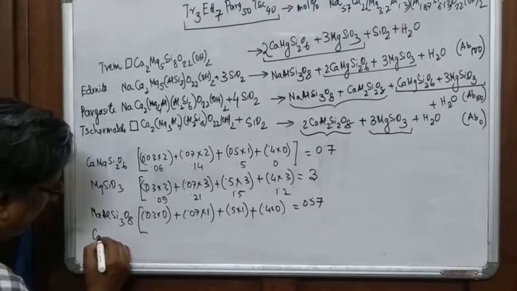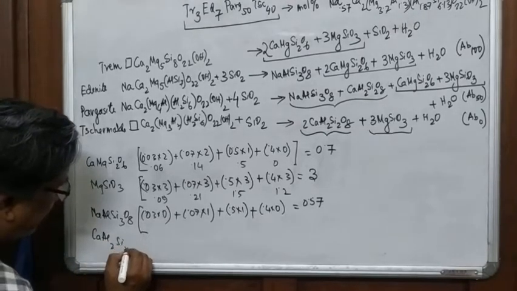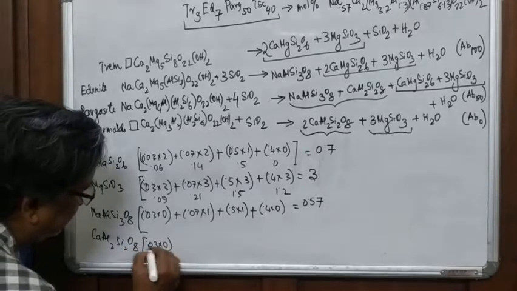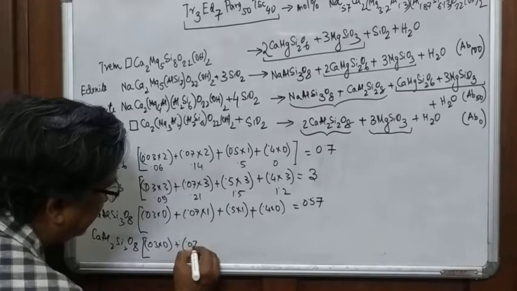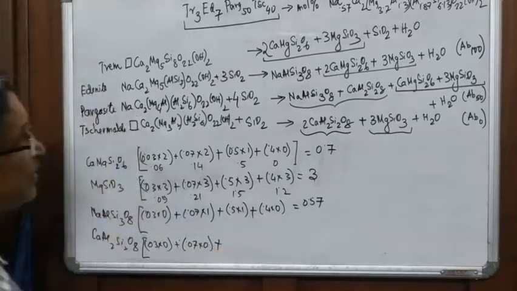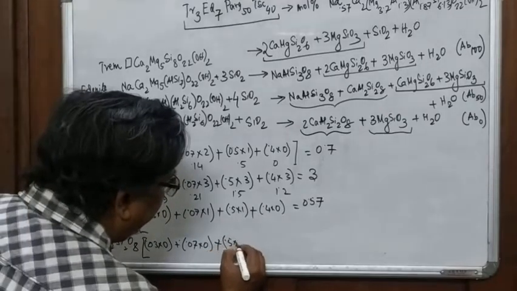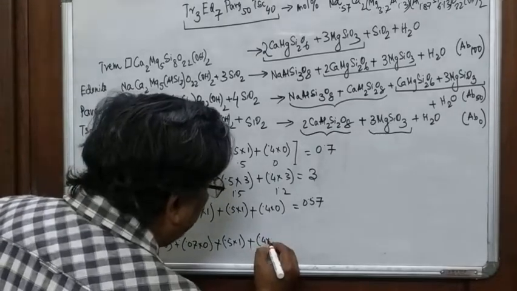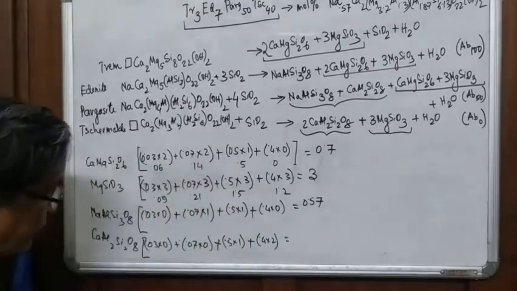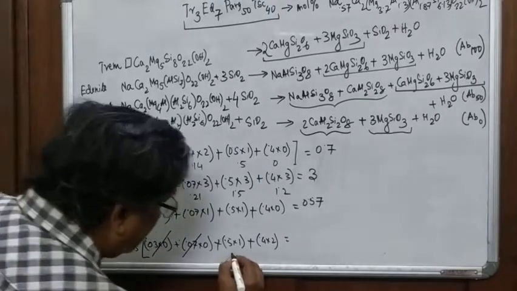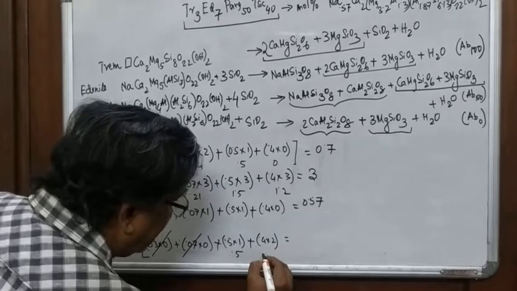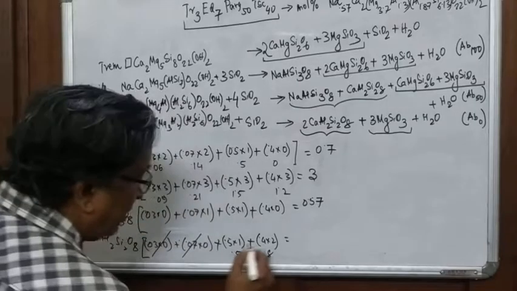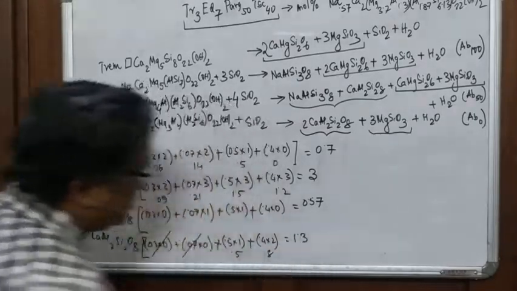And then you have CaAl2Si2O8, so it will be 0.03 into 0 plus 0.07 into 0 plus 0.5 into 1 plus 0.4 into 2, which is 0.5 and 0.8, so this should be 1.3.